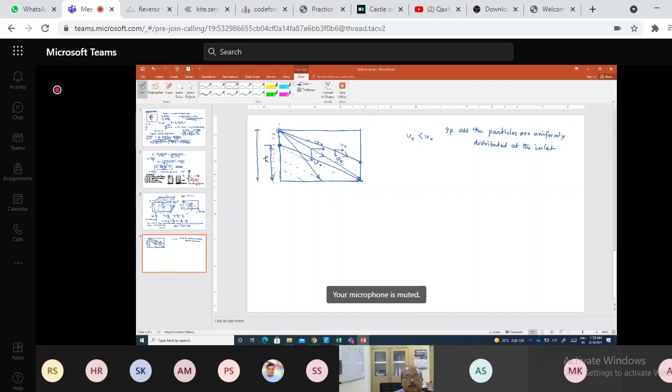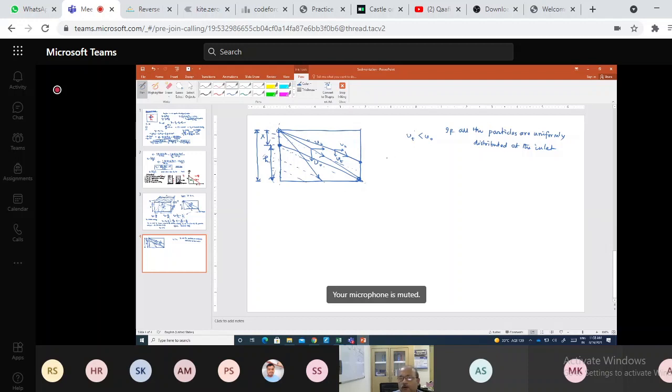But the particles between this and this are not going to be trapped. The particles introduced at a height h or below will all be trapped, right?